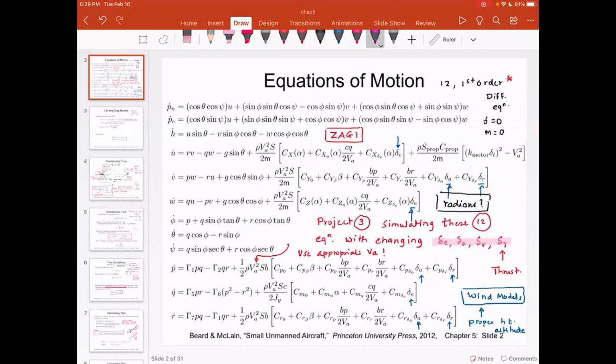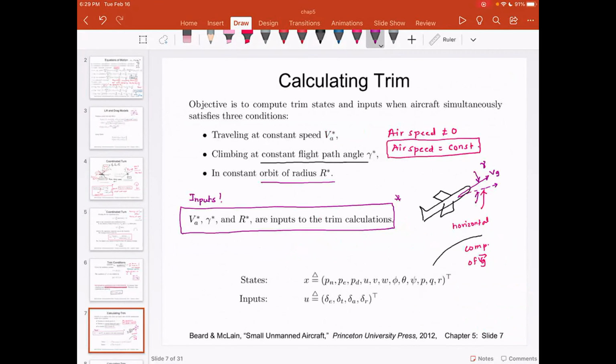And once we substitute those three variables as constant and set all the derivatives equal to zero, we are going to get a coupled nonlinear system of equations. Once again, it's a coupled nonlinear system of equations, and we will try to find the values of states so that the left hand side is equal to the right hand side. And those conditions are called the trim values.